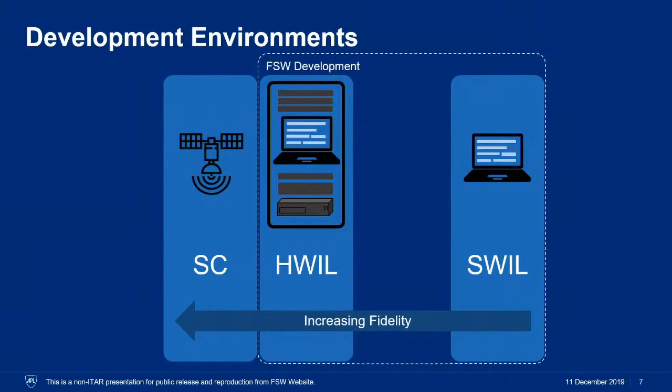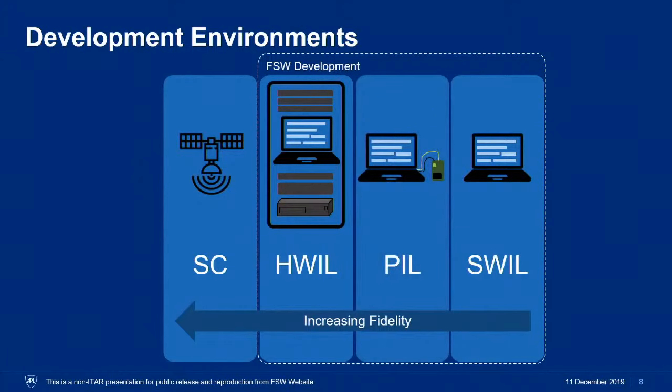But then that still wasn't enough, because there's some sort of gap in between the two in terms of testing fidelity. So we wanted to bridge that gap, and that's pretty much what we're going to be talking about today. We're going to be talking about PIL, which is processor in the loop. So let's now dig a little bit into each one of these things and how they differ from each other.